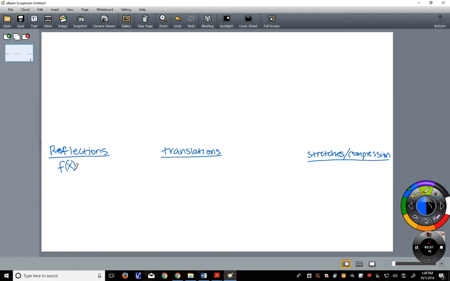If you multiply a negative outside of the function, this would be considered outside of the function because it's in front of the entire thing right here. So it's like you already calculated the y value, and now you're taking the opposite of that. So this negative affects the y values, the numbers after you have already rounded them if you're using greatest integer, or square rooted them if you're using square root or anything like that.